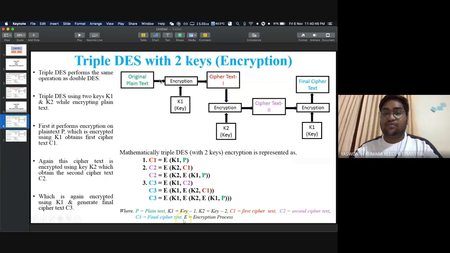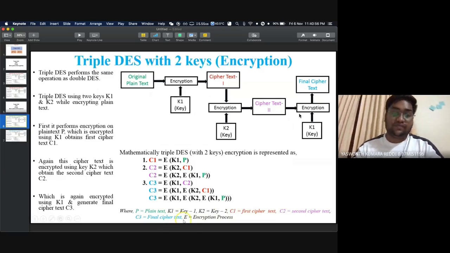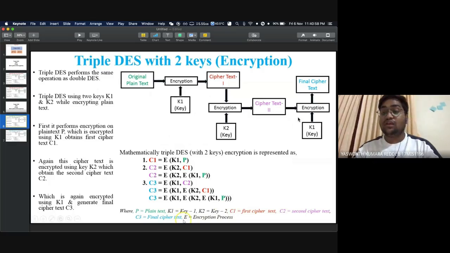First we are doing the encryption part: encryption with key 1 gives ciphertext 1, encryption with key 2 gives ciphertext 2, and then encryption again with key 1. Mathematically, C1 equals E of K1, P; C2 equals E of K2, C1; and C3 equals E of K1, C2.